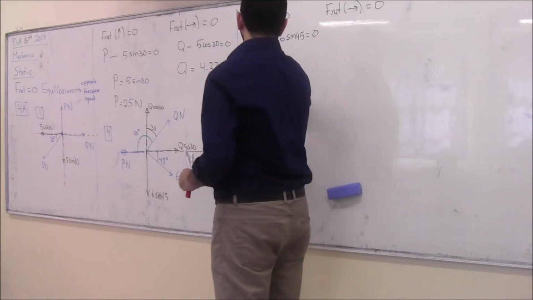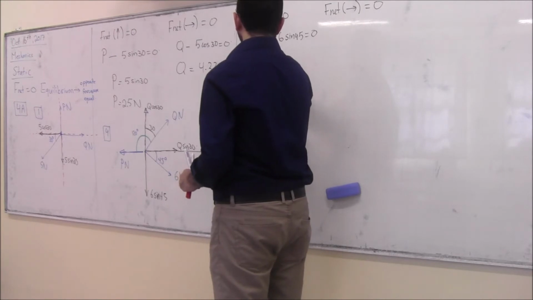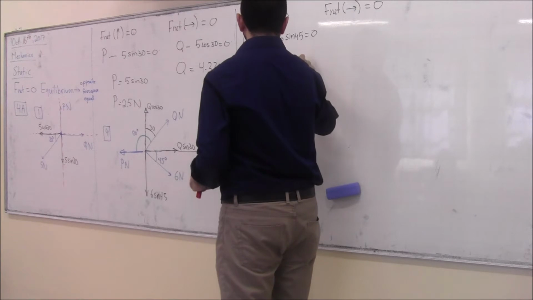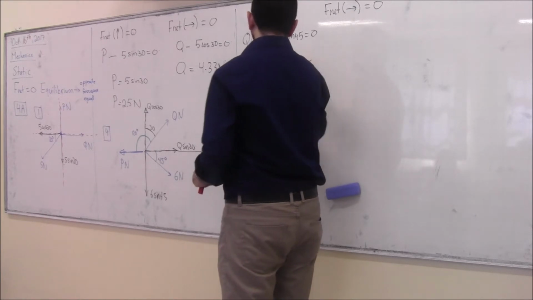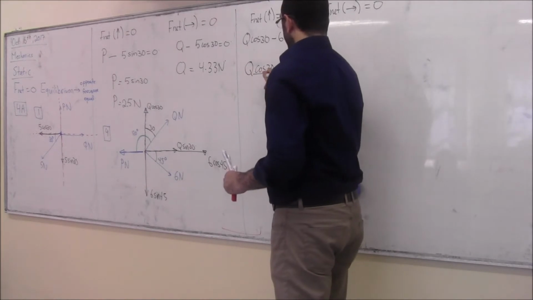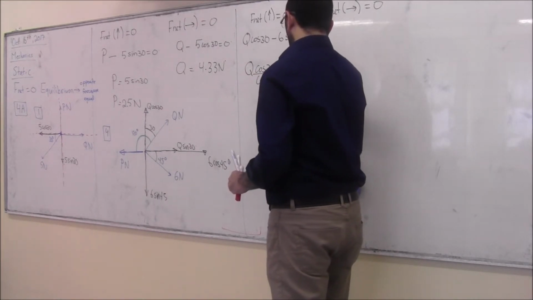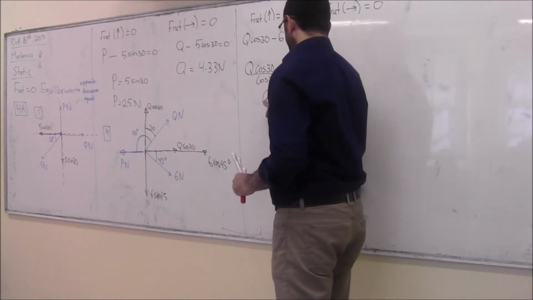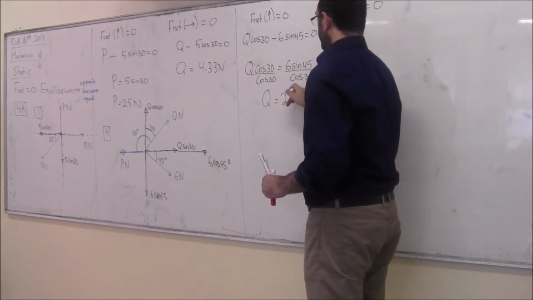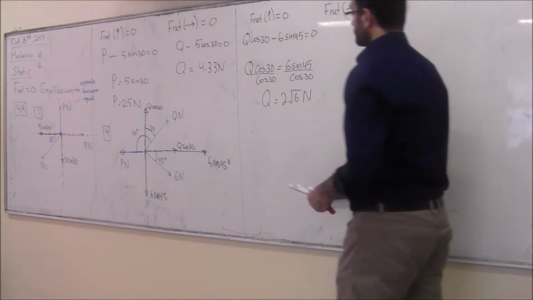Here we have to find Q. Q cosine 30 equals 6 sine 45. Divide by cosine 30. Q equals 2 square root of 6 newtons. Okay?